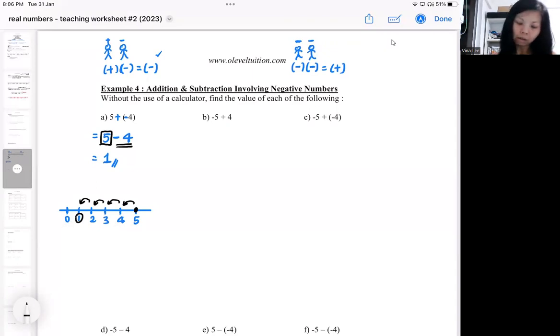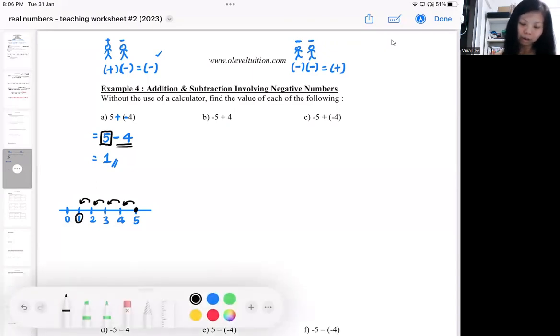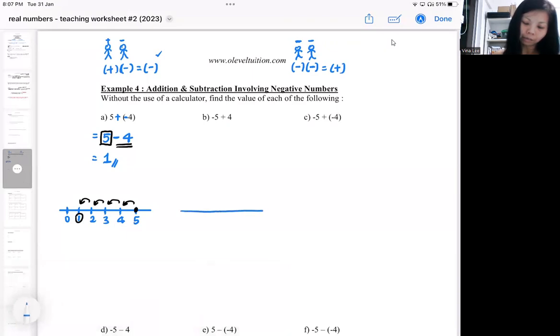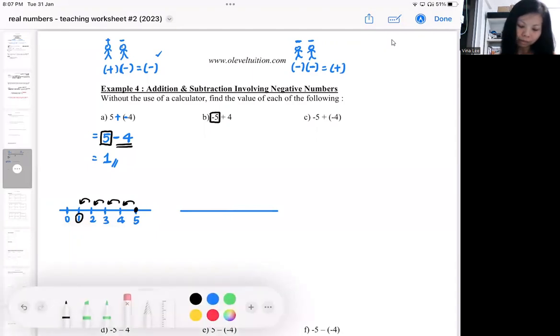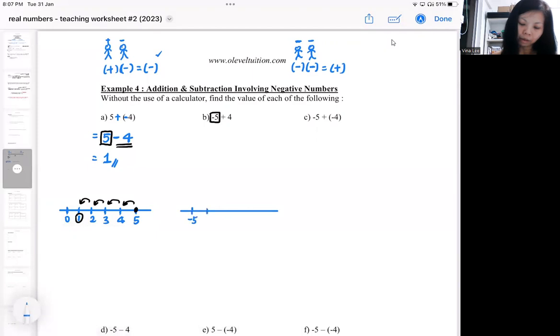Now, for part B, I can also do a number line. I will be starting from a minus 5. I make sure my number line is enough.